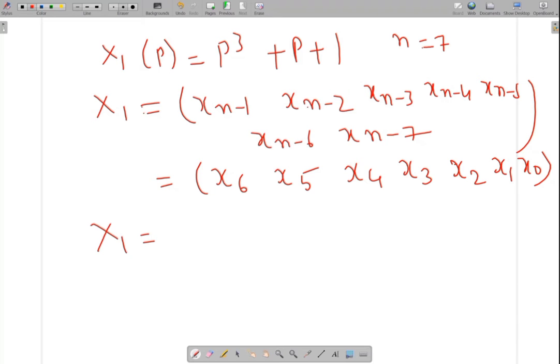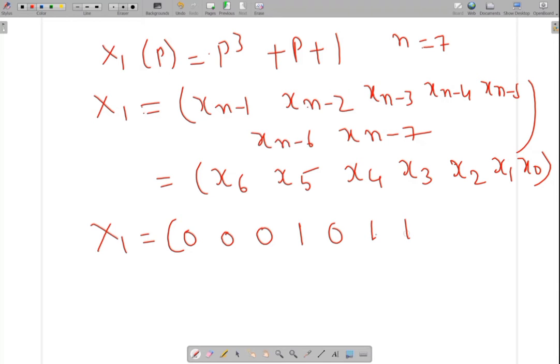Here the p power 6 term is absent, that is 0. The p power 5 term is also absent, 0. The p power 4 term is also absent, 0. The p cube term is 1. The p square term is 0. The p term is 1.